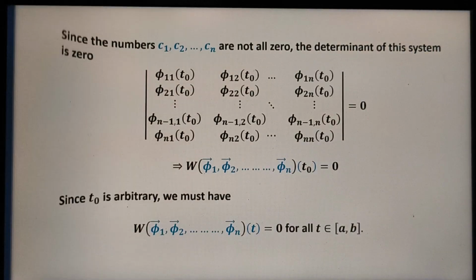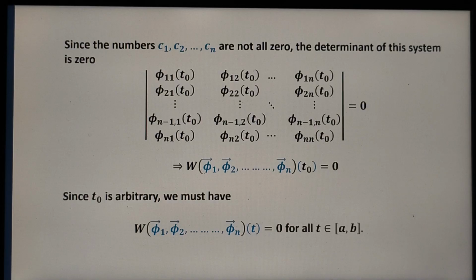Okay, so since the numbers c1, c2, cn are not all 0, the system of equations has a non-zero solution c1, c2, cn only if the coefficient determinant equal to 0.